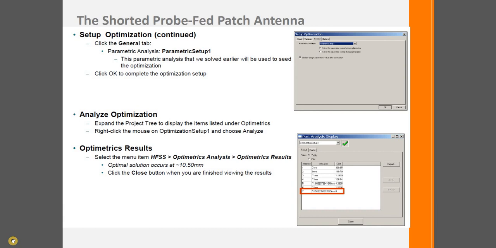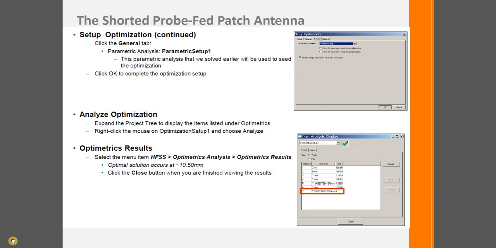Also, we can set up the optimization by clicking on the General tab or Parametric Analysis, Parametric Setup 1, and doing the optimization. After running the optimization, you can see the optimization result by going to HFSS Optimetrics Analyzer and see the Optimetrics result.